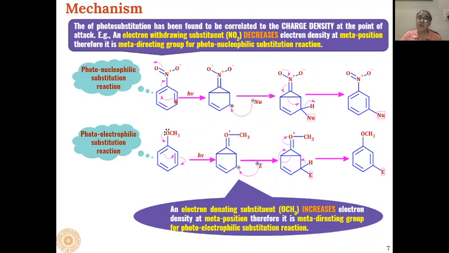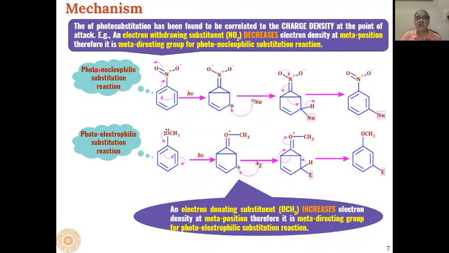This carbon-carbon double bond will form a carbon-carbon bond at these two places, and this bond will shift to this place. This oxygen, which is more electronegative, will take the negative charge, and we will have lesser electron density, that is a positive charge, created at this meta position with respect to the nitro group.